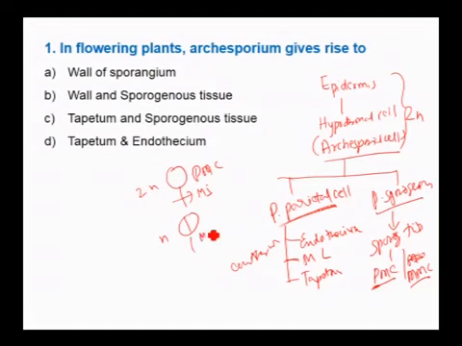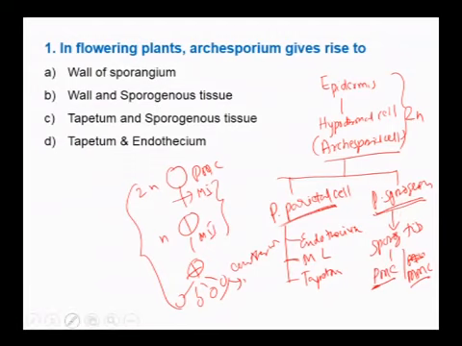Pollen diad undergoes meiosis 2, together called meiosis, to produce a pollen tetrad. The cells of the pollen tetrad separate to form the microspores, and this process is called microsporogenesis, which is produced from the primary sporogenous cell. Here the archisporium gives rise to the wall and also the sporogenous tissue. Therefore, the answer is B.